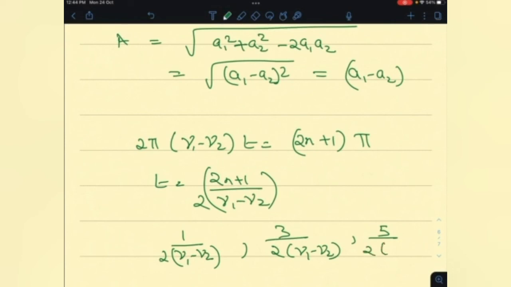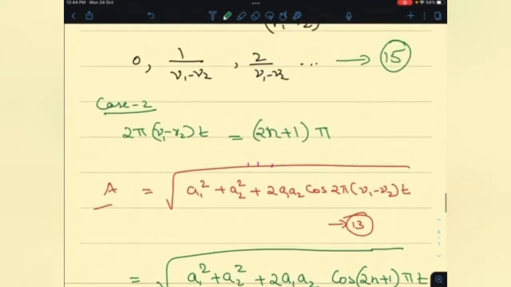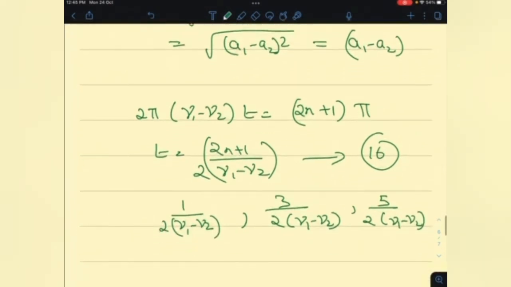So for maximum, the condition is t must be equal to 0, 1/(ν1 − ν2), 2/(ν1 − ν2), etc. And the condition for minimum is 1/2(ν1 − ν2), 3/2(ν1 − ν2), and 5/2(ν1 − ν2). Therefore, note that the maxima and minima of the amplitude occur alternately after an interval of 1/2(ν1 − ν2).